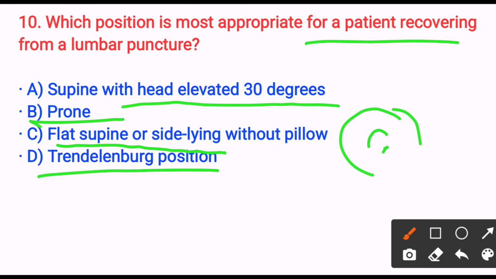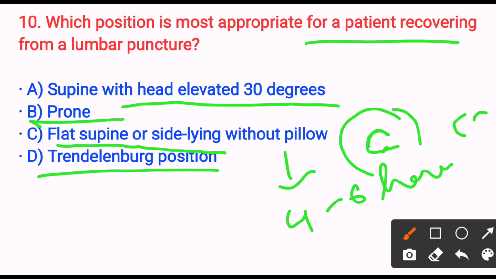C, flat supine or side-lying without pillow for 4 to 6 hours after lumbar puncture, to reduce cerebrospinal fluid CSF leakage from the dural puncture site, preventing post-dural puncture headache.